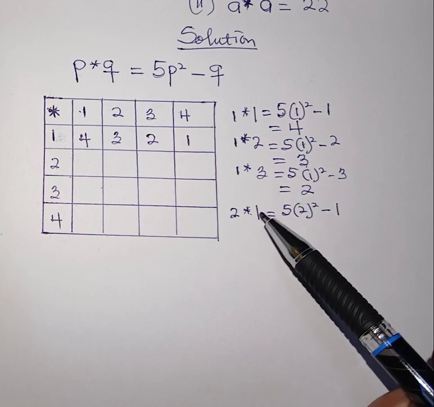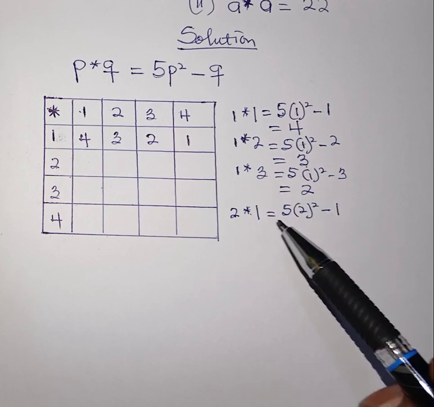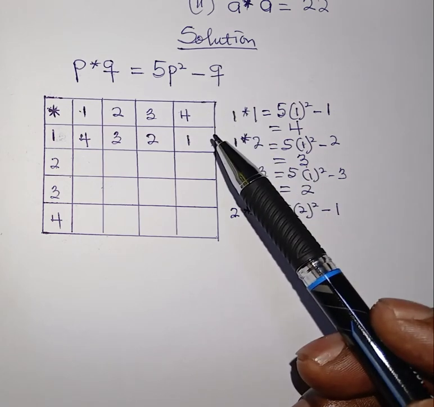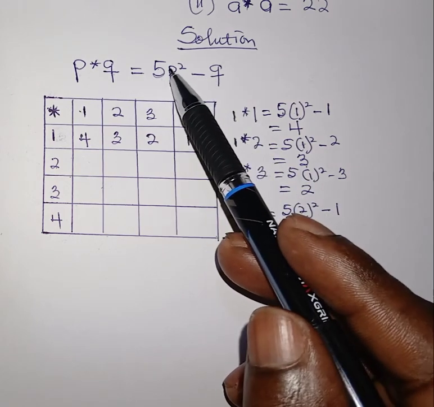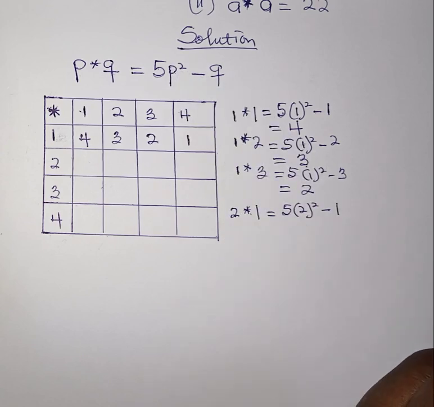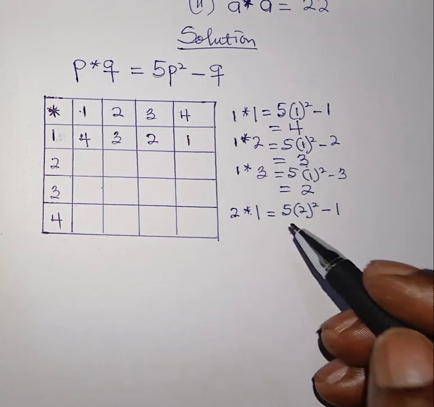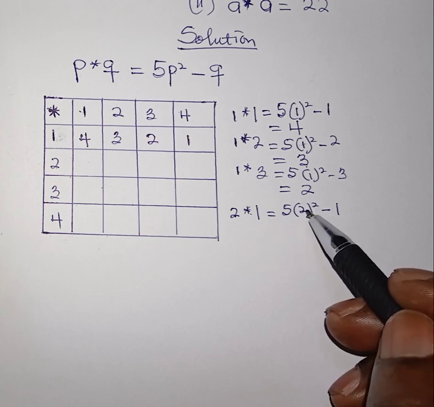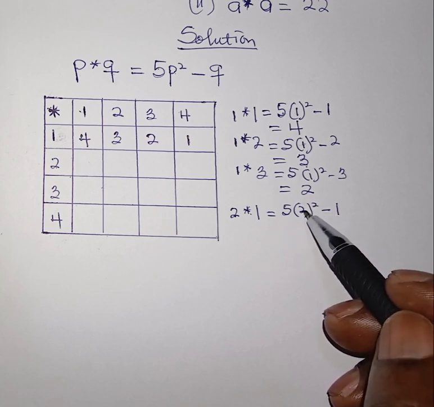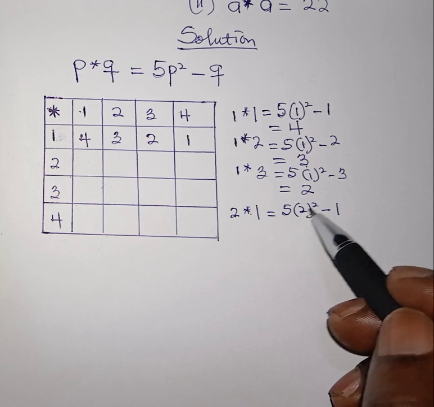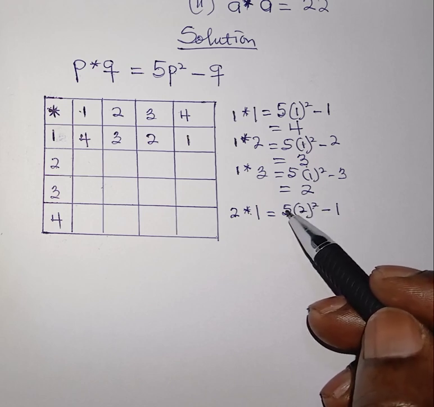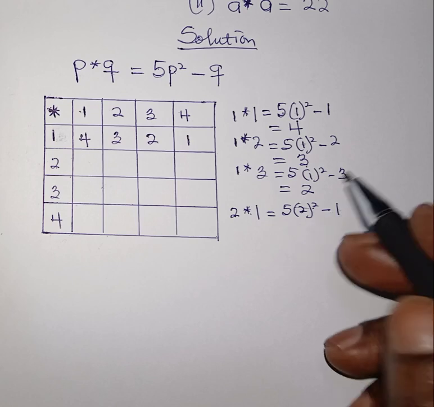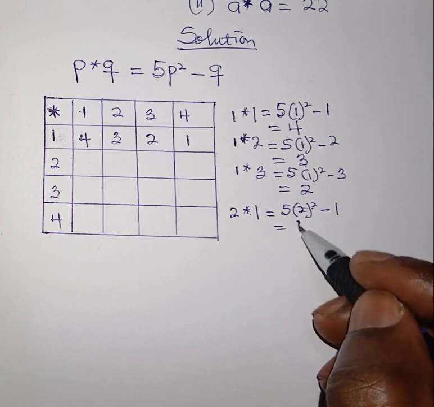Here we are not talking about commutativity. There is no commutativity here because of the negative and also because of this 5. Please take note of this. All right, good. If I take the square of 2, this is 4, and 4 times 5 gives me 20. So 20 minus 1 gives me 19.